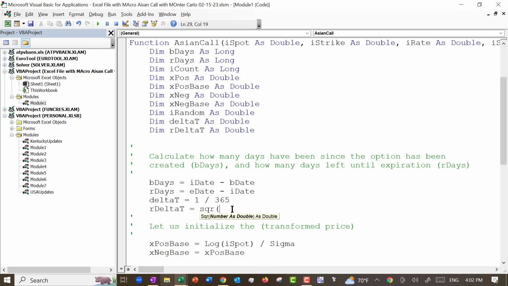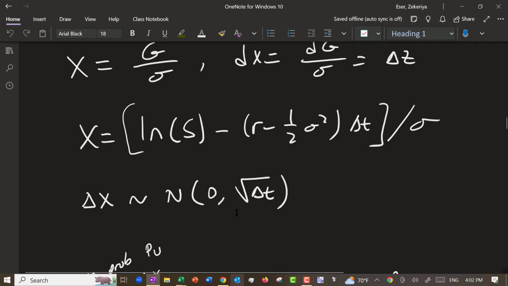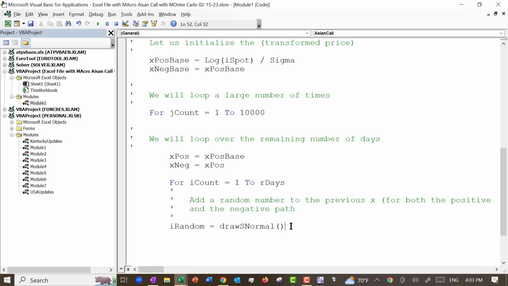Square root of delta t. If I have a, I want to draw from normal distribution with a mean of 0 and standard deviation of square root of delta t. If I have a standard normal, all I have to do is multiply that with square root of delta t. So that my I random is going to be that.